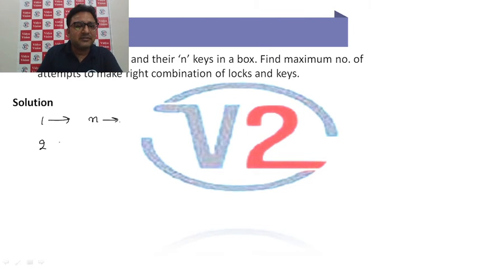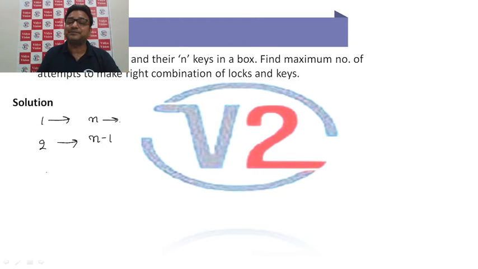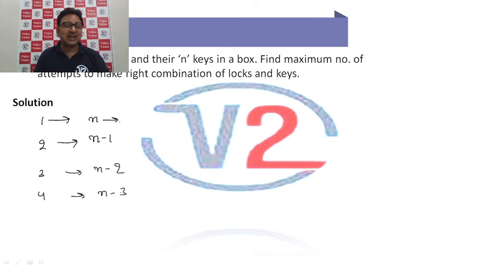Now second, if out of n one key is put into the first lock, then that key is fixed and cannot be used again, because it belongs to that lock. How many keys are remaining? That is n minus 1. For the third lock, it will be n minus 2, then n minus 3. I think you understand. Go up to the nth lock, the last lock has only one way.